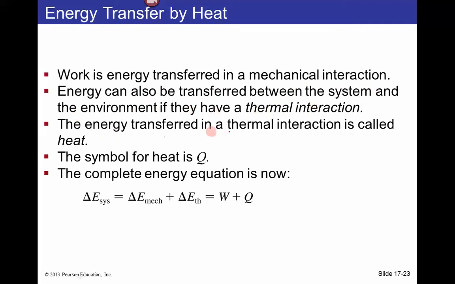The energy transferred by a thermal interaction is called heat. That is what we are going to call heat, and the symbol for heat is going to be Q. And so the equation from General Physics 1 tells us that the change in energy of the system is equal to the change in mechanical energy plus the change in thermal energy, which is W plus Q.